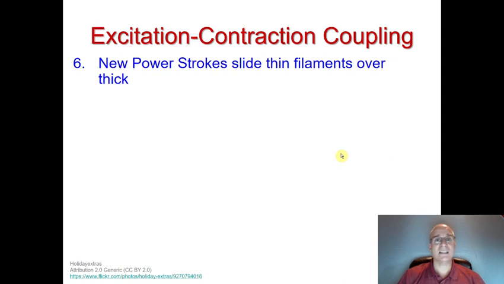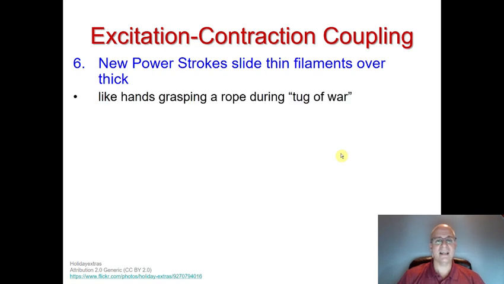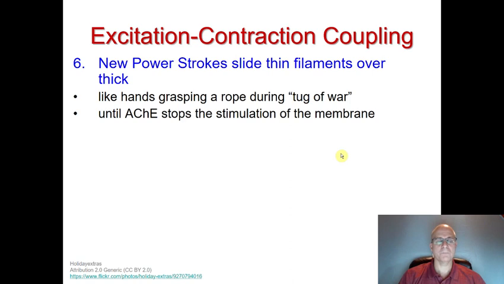So step 6 here is that new power strokes are going to continue to slide the thin filaments over the thick again and again and again. And a really nice analogy for this is like you have people playing tug of war with their hands.